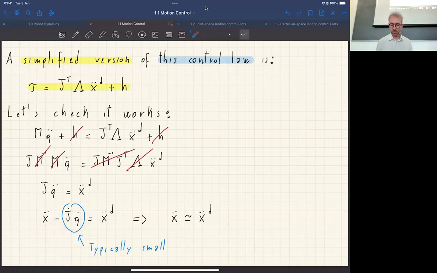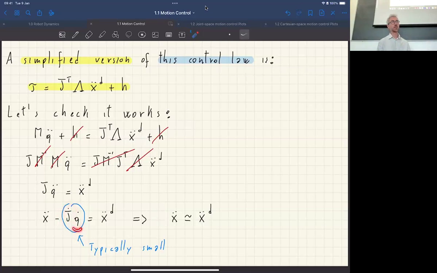Now in practice, this term J dot q dot is quite small, because it's quadratic in the joint velocities: J dot is linear in the joint velocity, so when you multiply times q dot, you get a quadratic expression with respect to q dot.